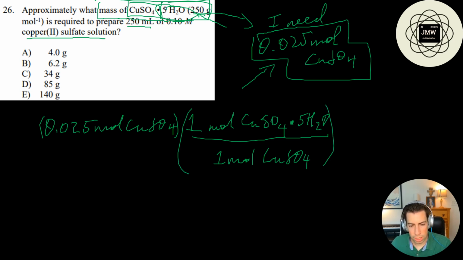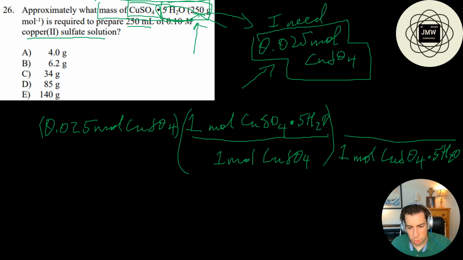Now all I need is just the molar mass. So I'm going to write that here. I know that 1 mole of this guy is going to be equal to, they tell me right here, 250 grams per mole. So it'll be 250 grams of copper sulfate.